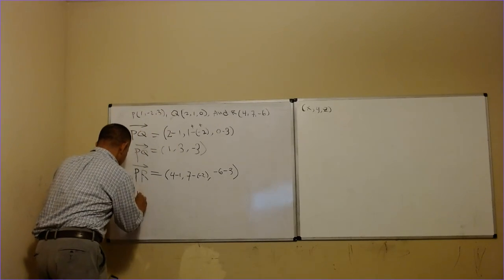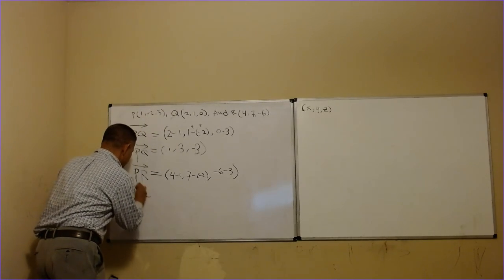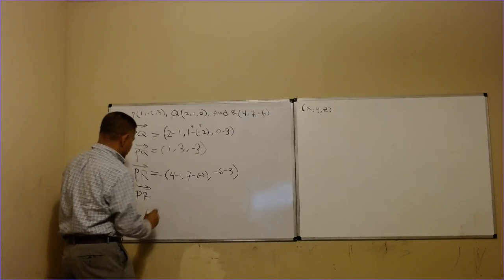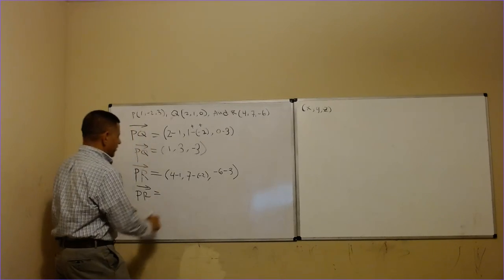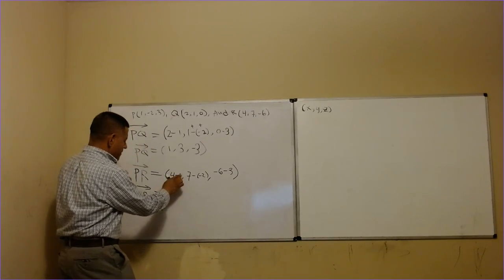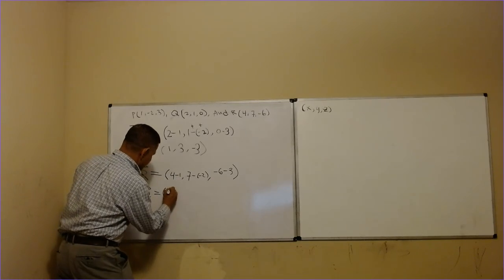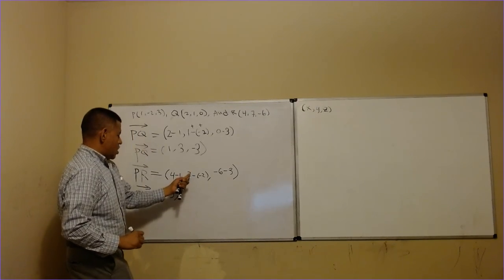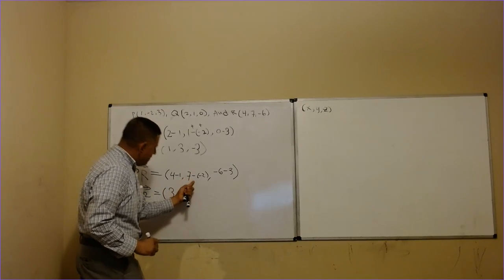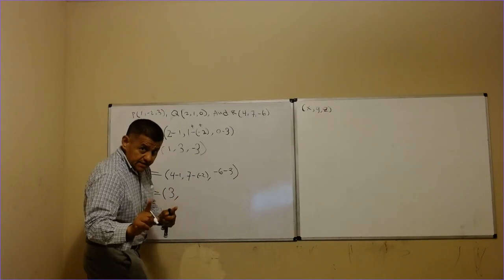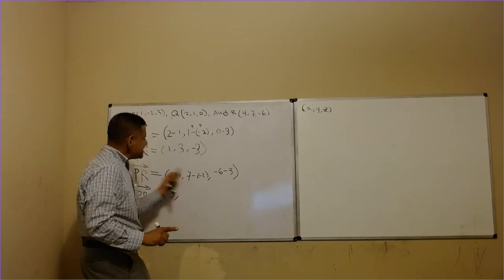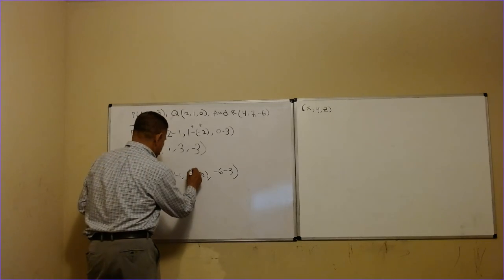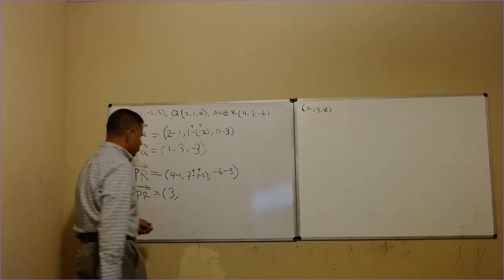I got PR, right? Component vector PR is equal to the following. 4 minus 1 is 3, comma. 7 minus a minus 2: change the signs, do the math.